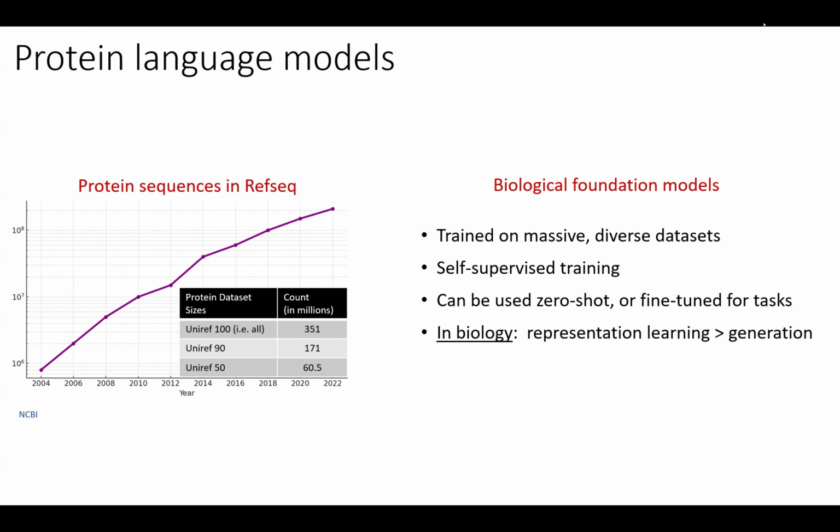Now, one distinction between ChatGPT and protein language models is that in ChatGPT, the interesting task is usually next token generation: I give you a sentence, tell me what the next thing should be. In the biological realm, especially in proteins, the more useful context is typically thinking of it as representations, because you're not so interested in adding one more amino acid at the end as understanding the overall structure and semantics of this entity.